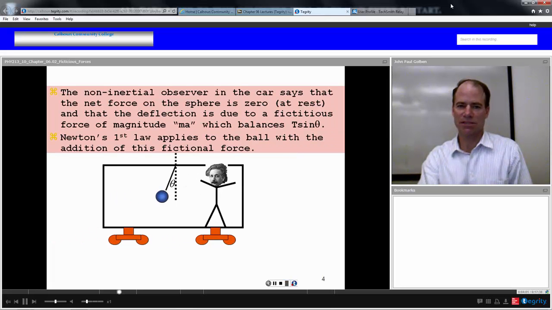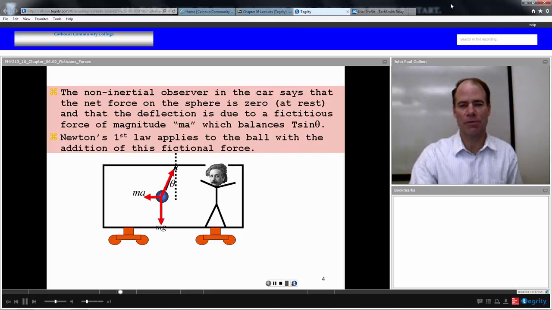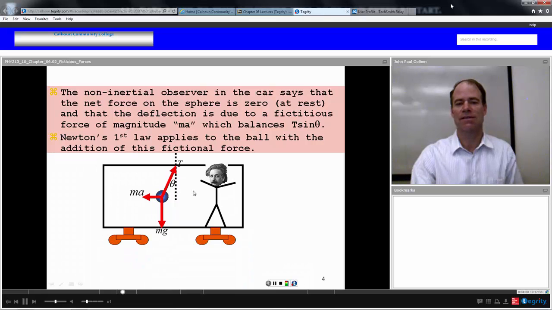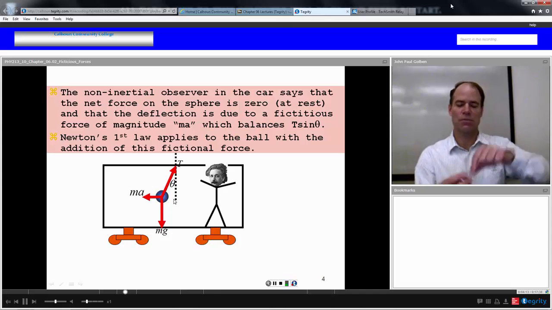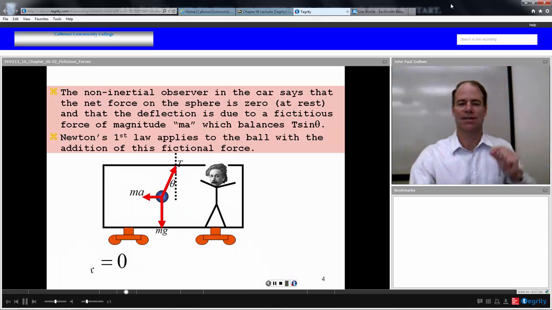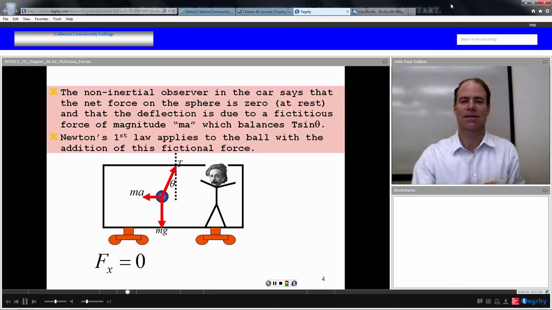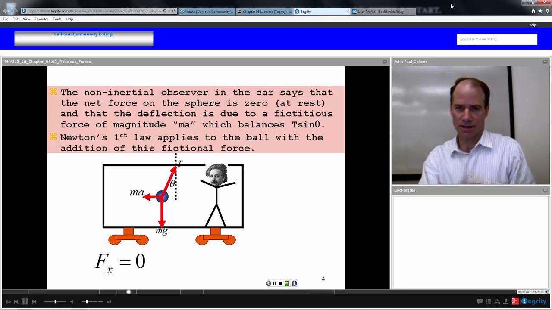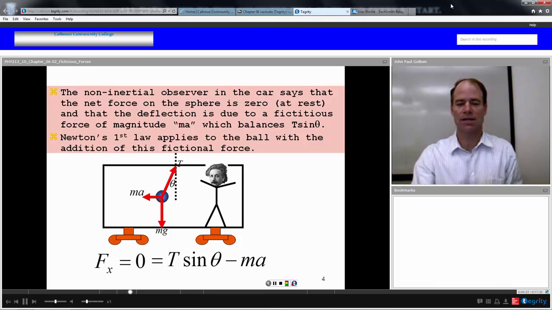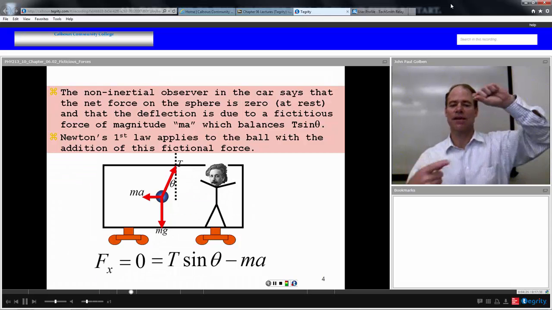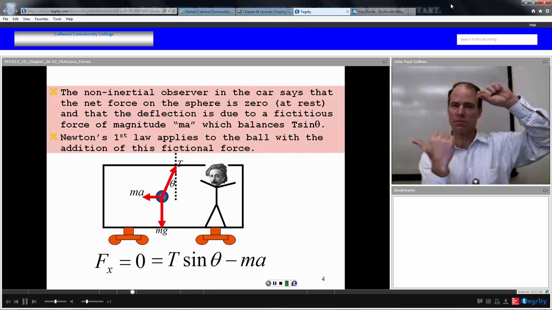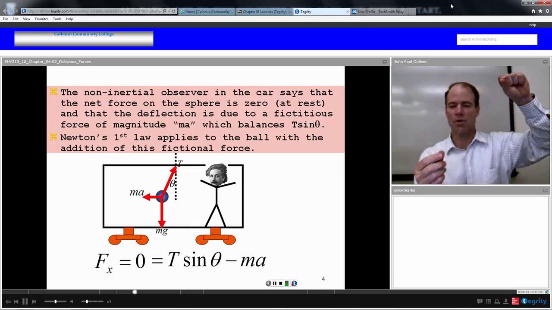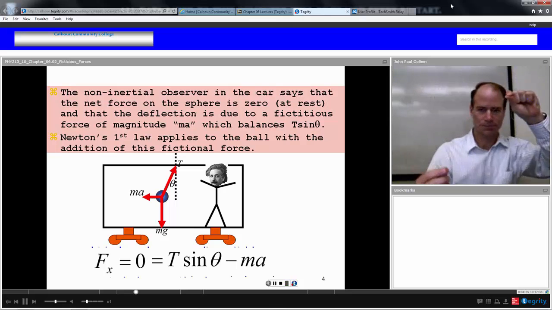If you're inside the boxcar, though, you have to make up a force which you call mass times acceleration, that is going to offset the tension force component such that this ball remains stationary. So based on that, you apply Newton's first law for a stationary object, and you would have that this T sine theta going this way is being offset by mass times acceleration this way, ma, and that's why this ball is stationary as you see it.